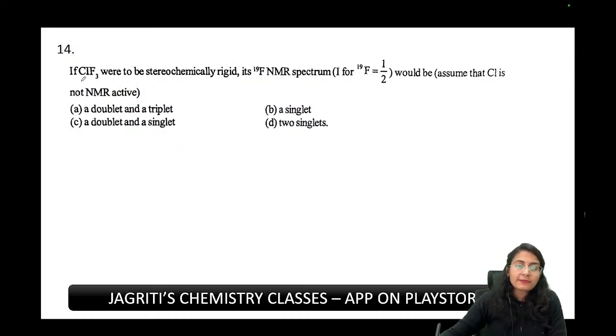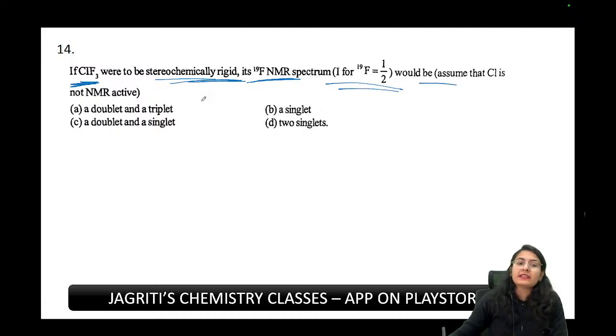Next question. If chlorine trifluoride were to be stereochemically rigid, in its 19F NMR spectrum for I value of 19F equals to 1 by 2 would be, assuming that the Cl is not NMR active.